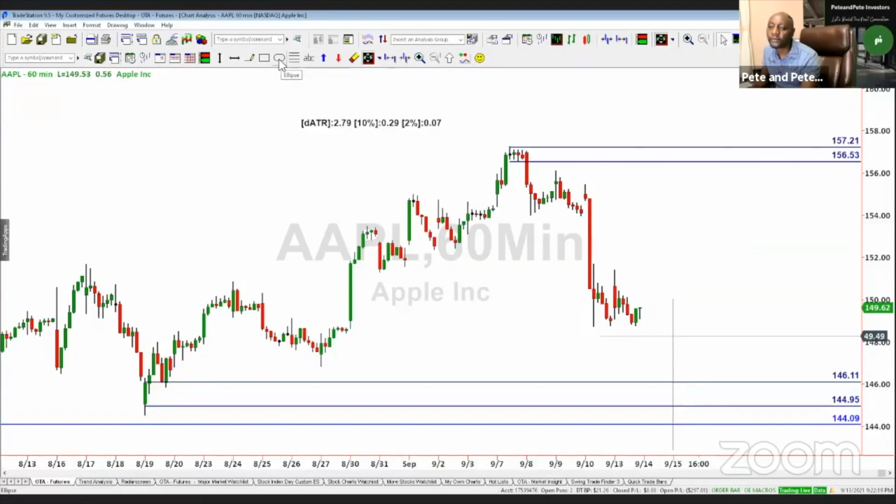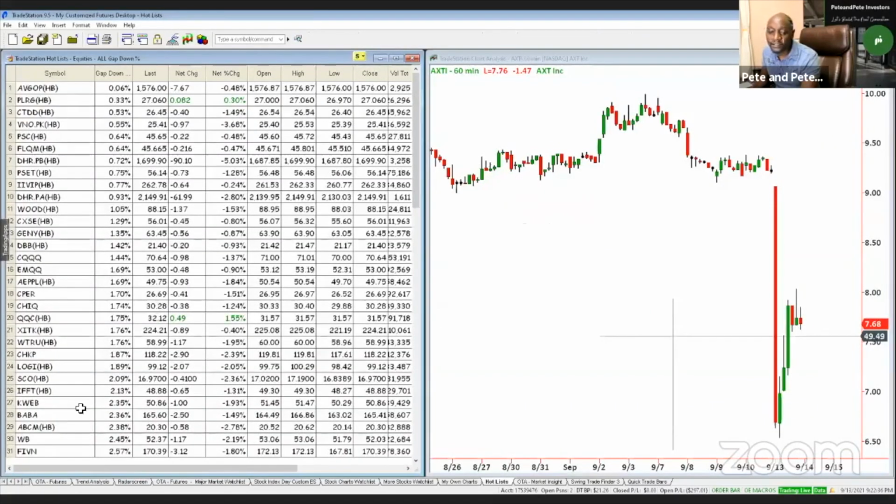Okay, these are the ones. It's just this ellipse. Usually I will use it to find a gap. So which stock was that we found that had a gap on the hot list? Let's go to hot list. AXTI.